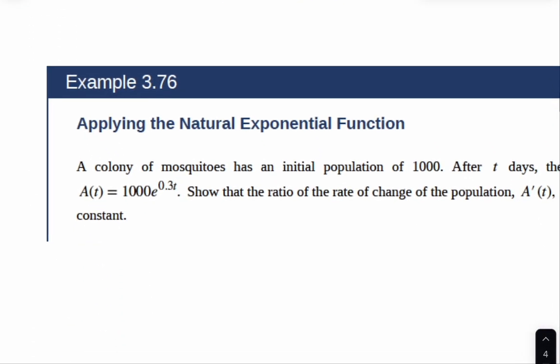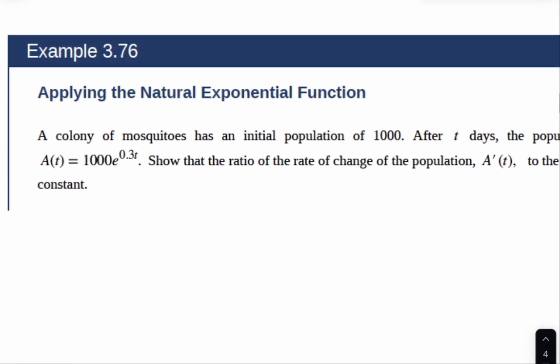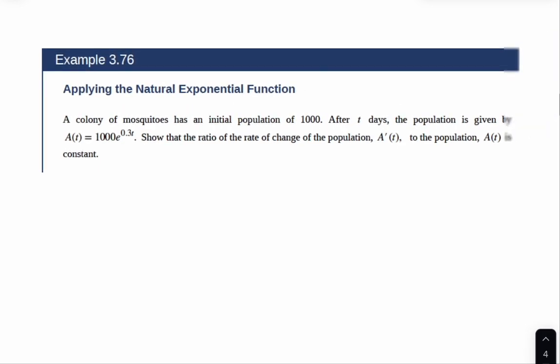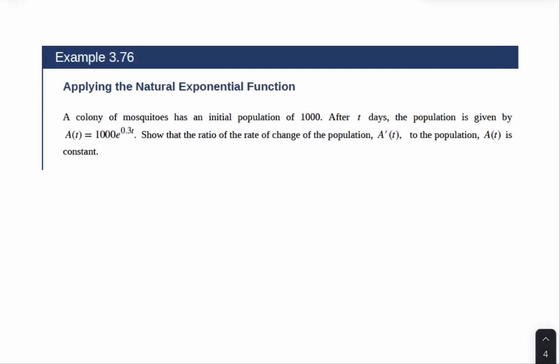Okay. Now, here is an exponential function where we're going to apply some of the rules we have learned so far about derivatives. So this is about the population. And so the rate of change of the population, the derivative gives us a rate of change of whatever that particular function is portraying. So this would be the rate of change.